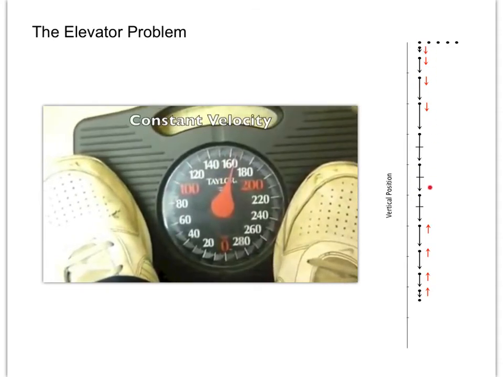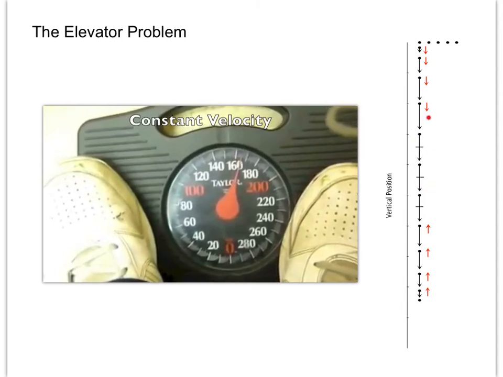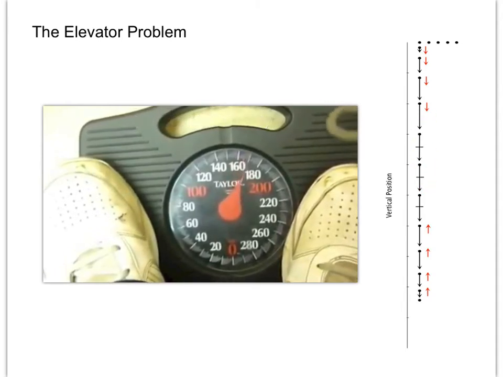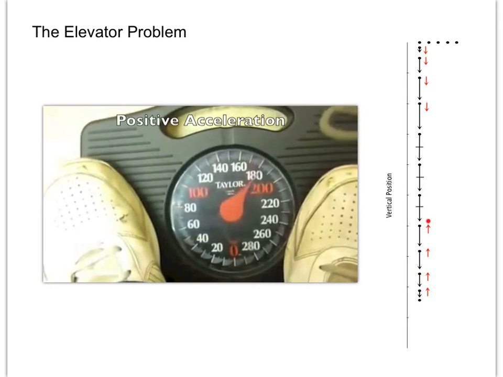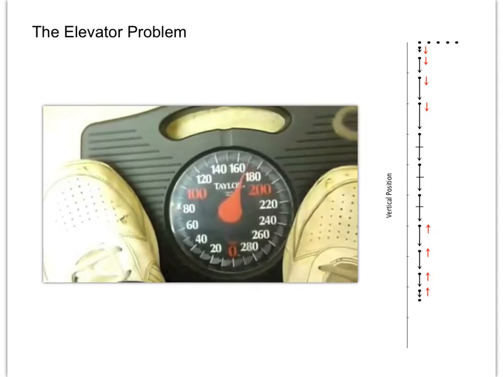Constant velocity, no acceleration, same reading as before. And then, when the acceleration is positive, the scale actually reads a larger number. So the takeaway here is that whenever you're accelerating in an elevator, the bathroom scale reads a different weight than your actual body weight.